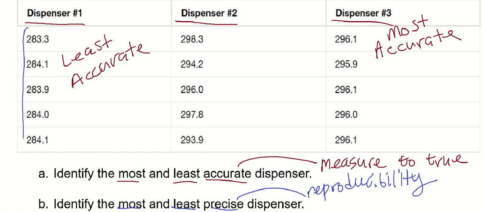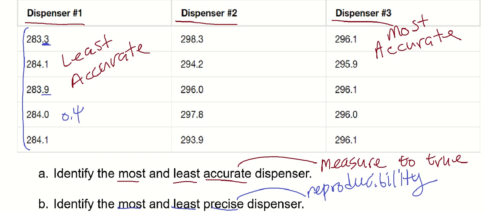So if you compare this set of numbers, the lowest number here is 0.9 and the highest is 0.4. So the range here is 0.4. I'm sorry, that's 0.3. So they're off by 0.4.